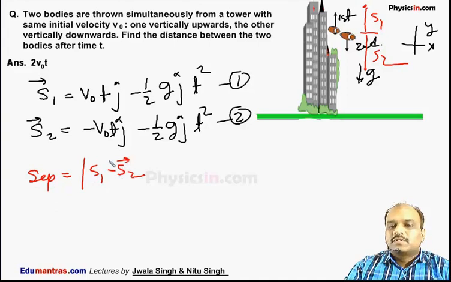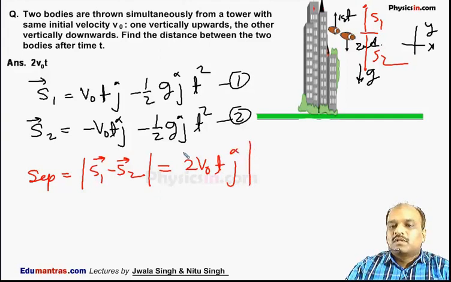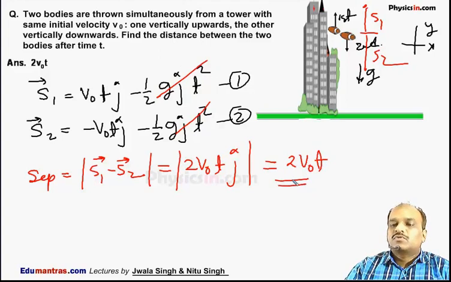Now if I subtract, we get 2 v naught t j cap, modulus of this, because these two terms will cancel out. So we get 2 v naught into t. This is the separation between the two balls after time t. So this is your answer.